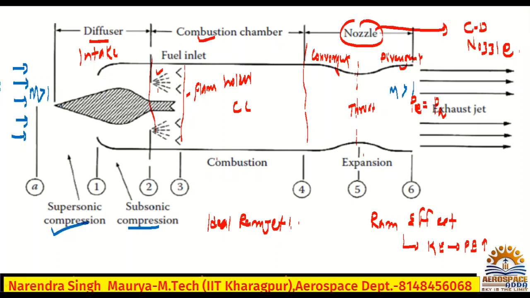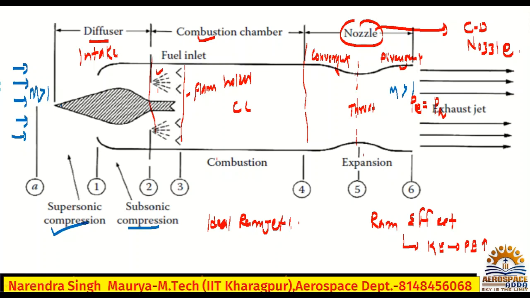Just like a compressor, what is the work of a compressor? To raise the pressure, so that whatever air goes into the combustion chamber is at very high pressure, so that combustion can take place easily. But we don't have any compressor, so to raise the pressure we use the concept called the ram effect, in which the kinetic energy we get inside the ramjet is converted into pressure rise.